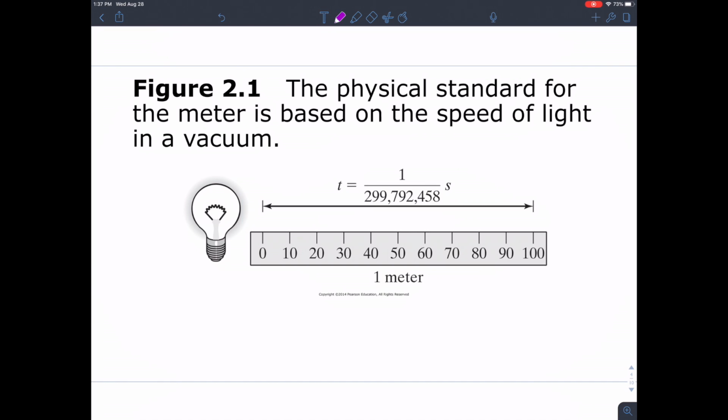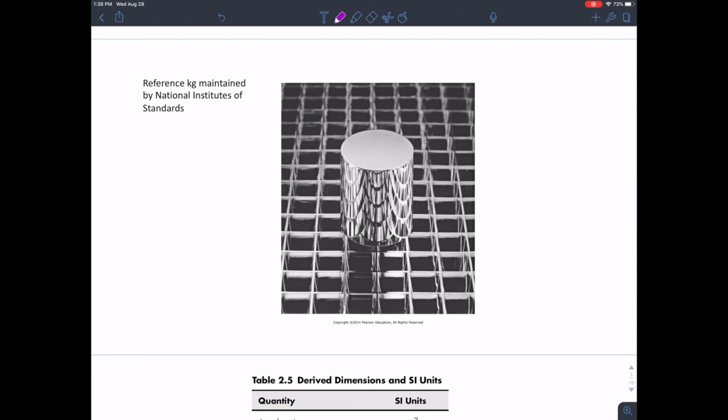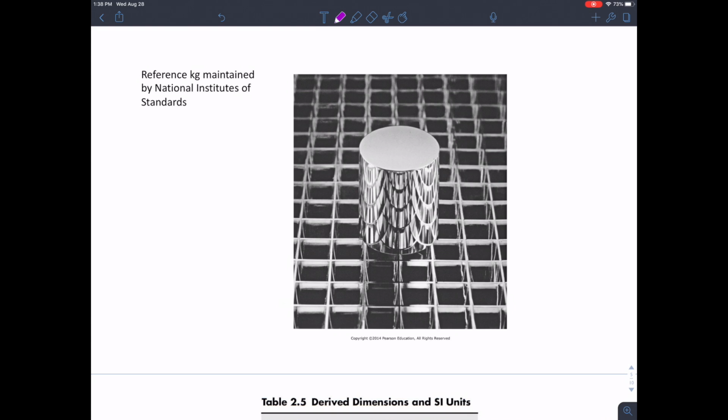For example, a meter is defined by how long it takes light to travel that distance, and this is very repeatable because the speed of light in a vacuum is very constant, so we get a very precise measurement for that unit. Interestingly enough, he talks about the exception to this being the kilogram, and he has a picture.